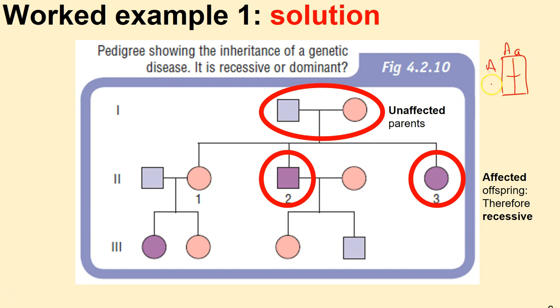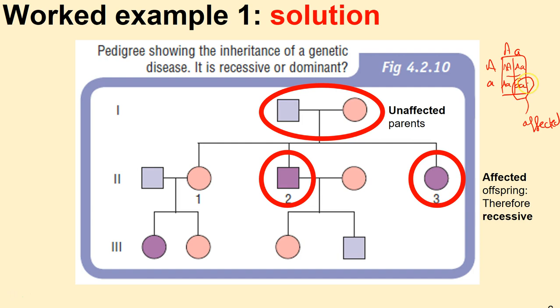If we think back to our dominant and recessive Punnett squares, we would end up with a potential for an affected child if they were both heterozygous, if they were carriers for this trait. That would be if it was a recessive trait.